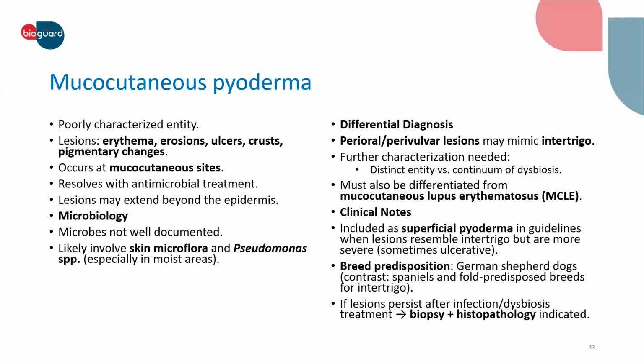And for the differential diagnosis, perioral and perivulvar lesions may mimic intertrigo. So it must also be differentiated from mucocutaneous lupus erythematosus. And for the clinical notes, it is like superficial pyoderma in canines when lesions resemble intertrigo but are more severe.